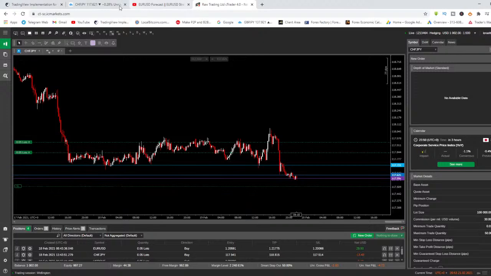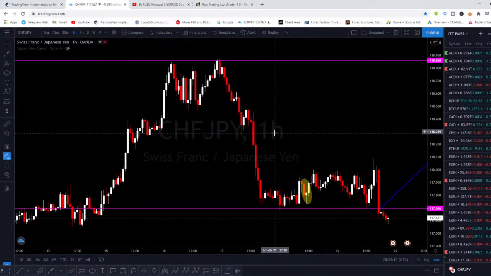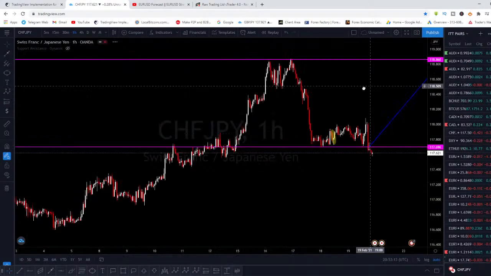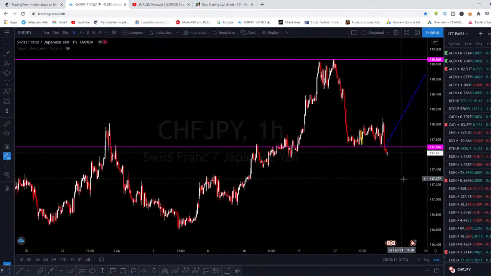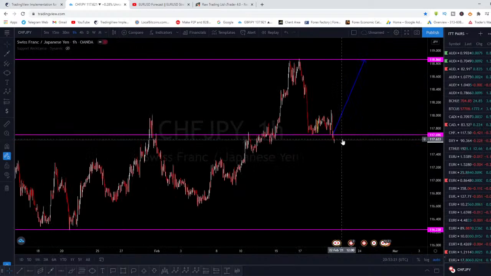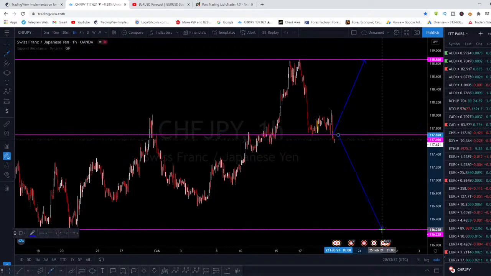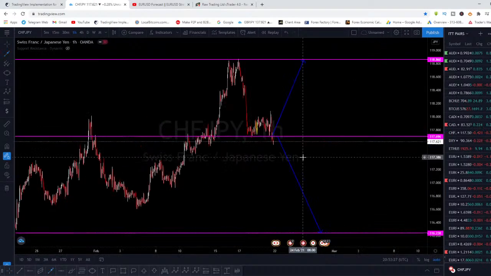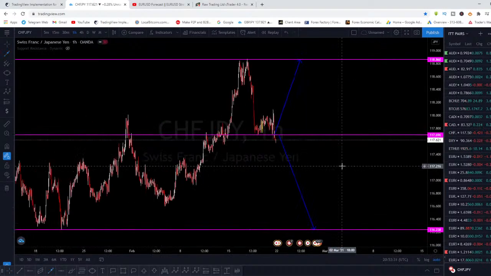So now if Chf Jpy is able to continue to push back to the downside, this is where the market is going to be. The market will continue to push to this level before we might see another move to the upside. But keep at the back of your mind that Chf Jpy moves with Euro Jpy as well.